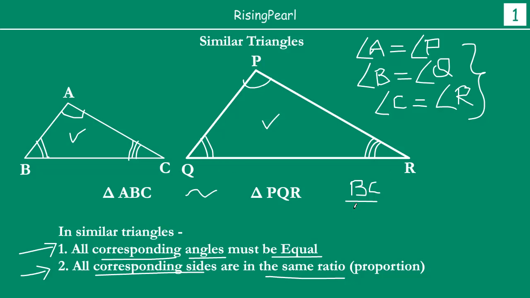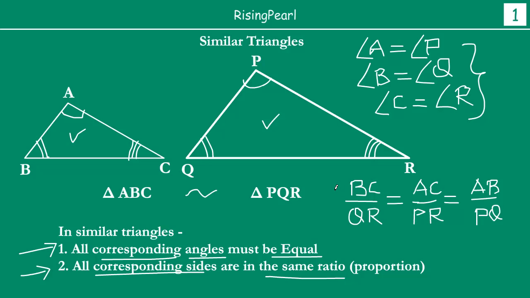So BC by QR should be equal to AC by PR, which should be equal to AB by PQ. It doesn't matter, friends, if you write it like AC by QR or QR by BC, right?